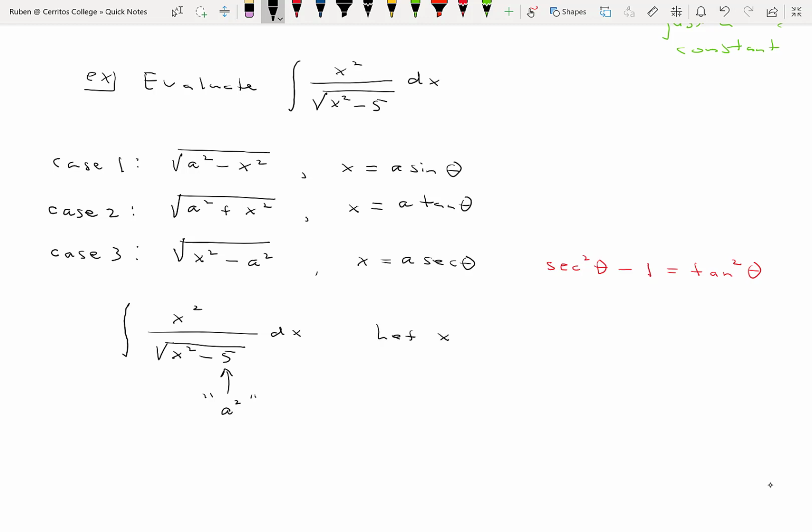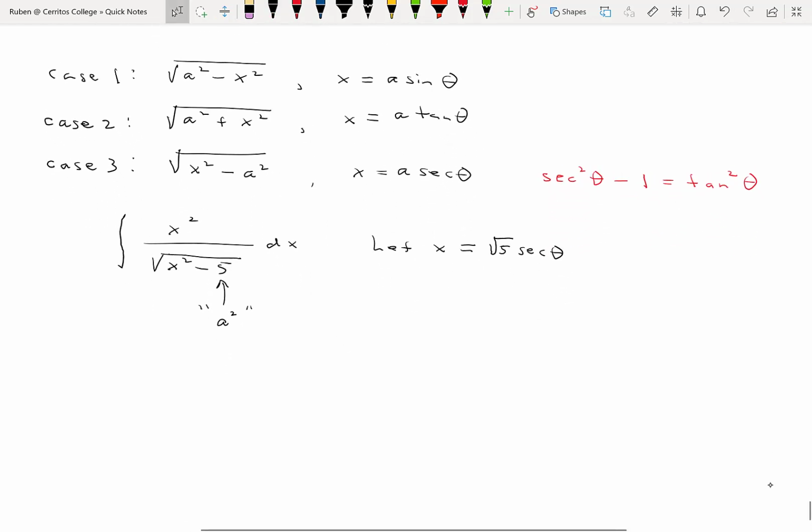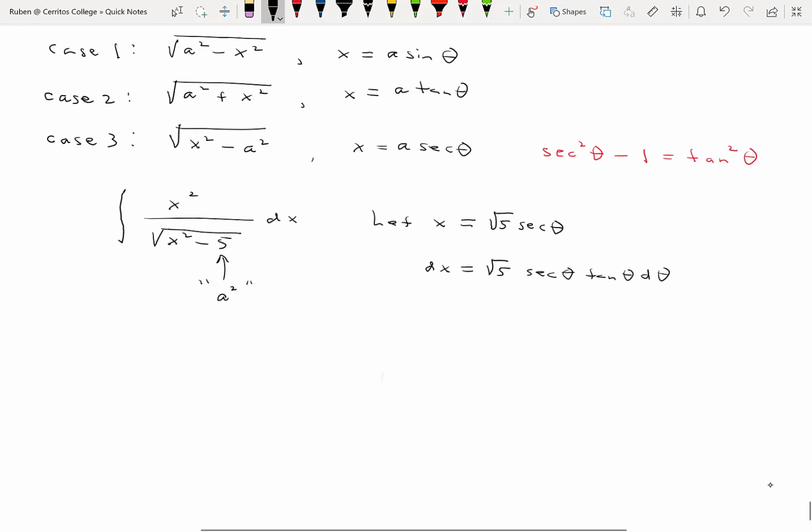Well, it's definitely the x squared minus a squared case, and a equals the square root of 5, so x equals the square root of 5 secant theta. Sometimes we need to have square roots in our substitutions. So dx equals the square root of 5 times the derivative of secant, which is secant theta tangent theta d theta.